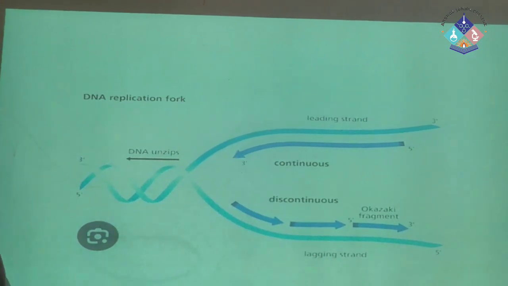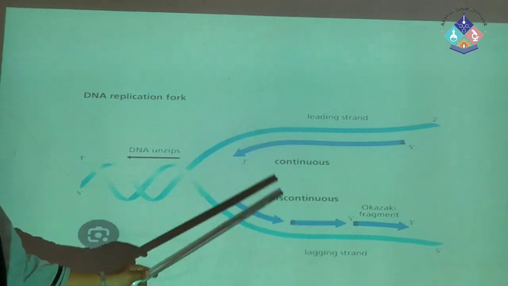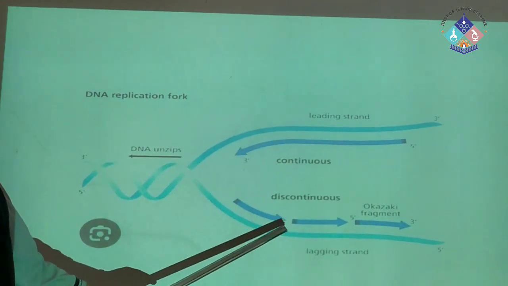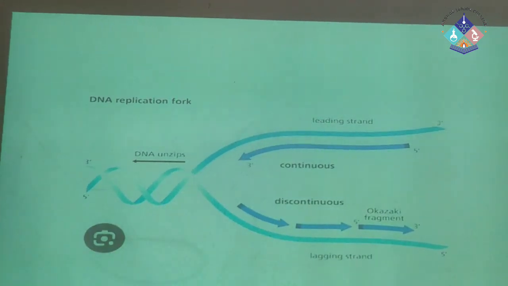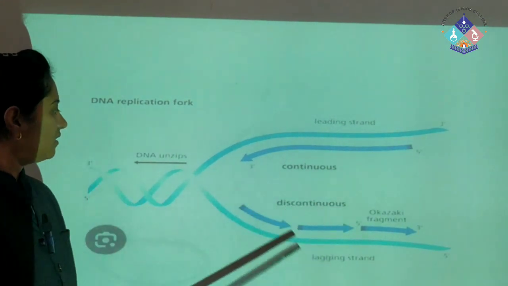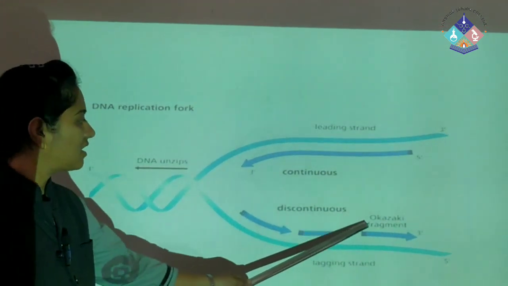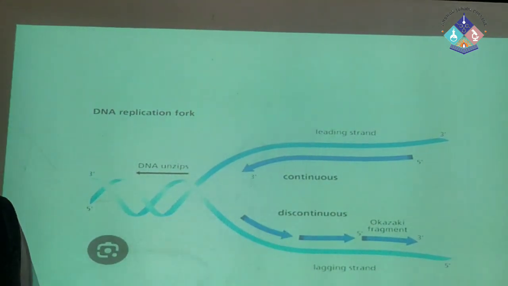The next difference is that the leading strand is synthesized very fast and the lagging strand is synthesized slowly. And one more difference is that here only one RNA primer is needed, and here a number of RNA primers are required for the formation of the new lagging strand.